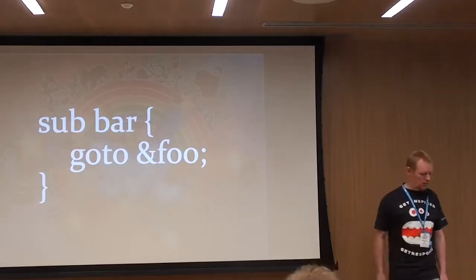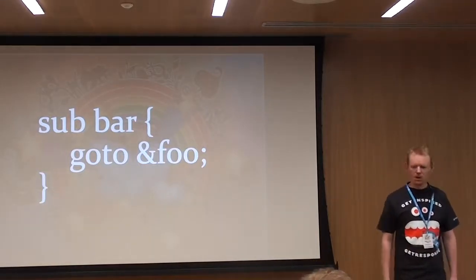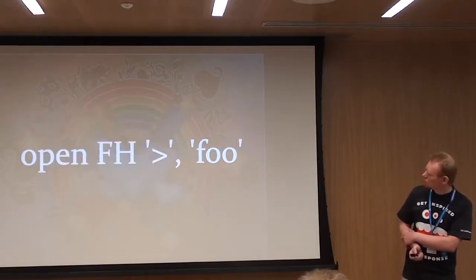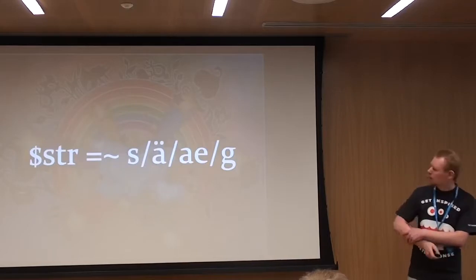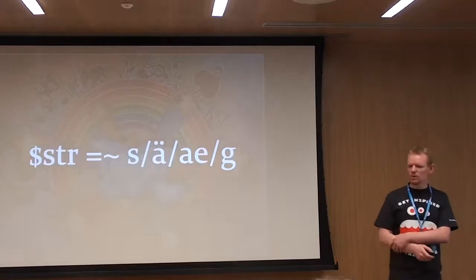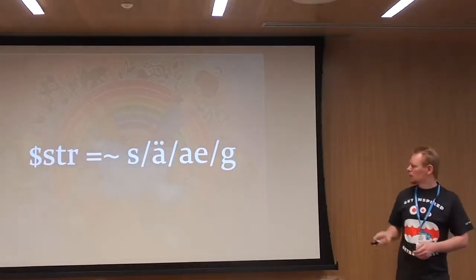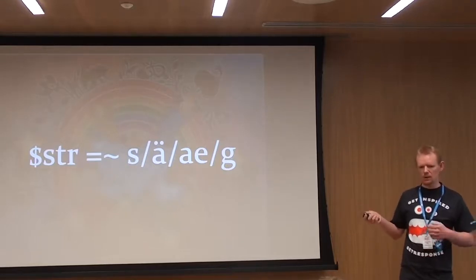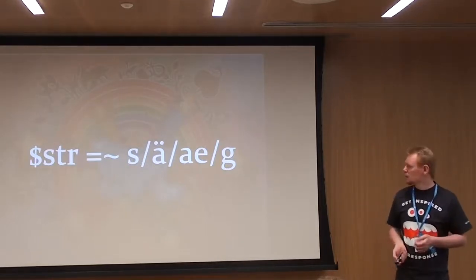We have, of course, regular expressions. You can also, in Perl 6 code, say, use, for example, VM colon P5. Then you can use the Perl 5 regex directly in Perl 6.